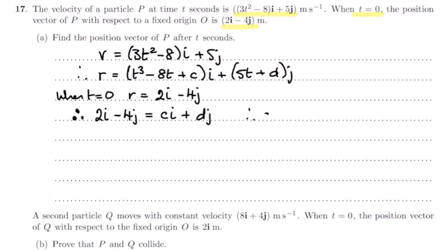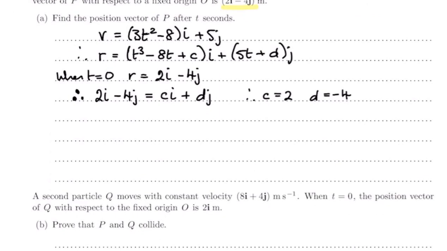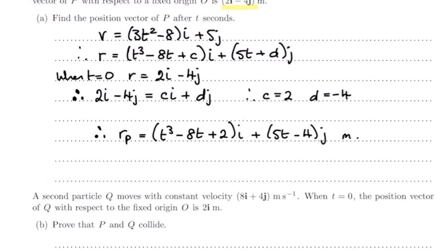You can see from that c is 2 and d is negative 4. So therefore, rP is t cubed minus 8t plus 2 in the i and 5t minus 4 in the j.